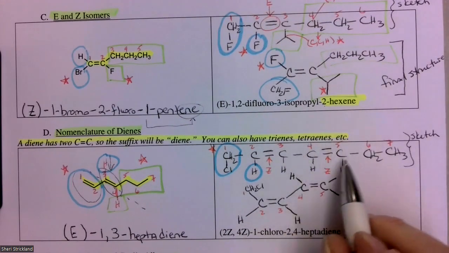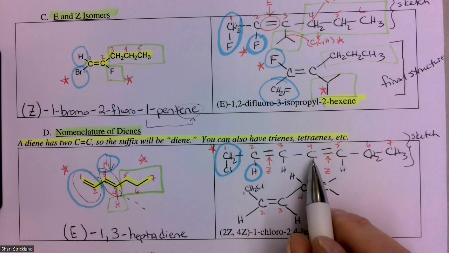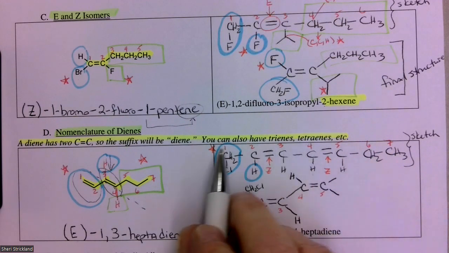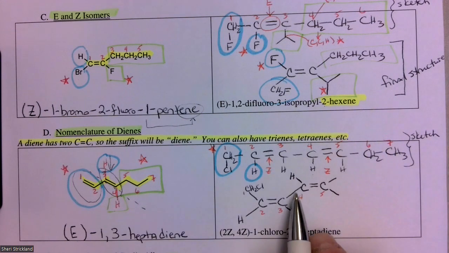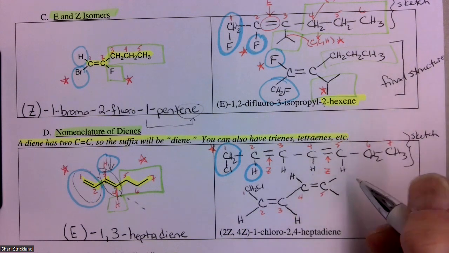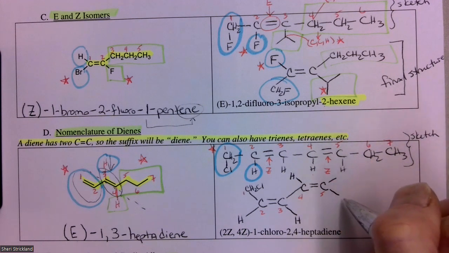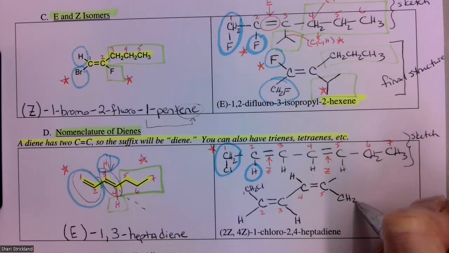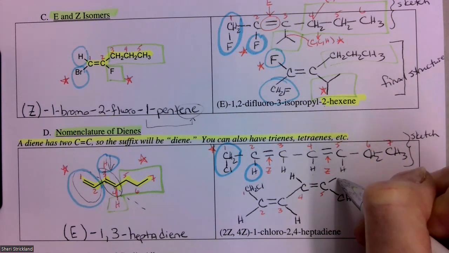So from the perspective of carbon 4, it's attached to this hydrogen and all the rest of this. So this is the group of higher priority with regard to that. And with carbon 5, it's the hydrogen and the ethyl piece. So the ethyl piece goes here, the hydrogen goes there.